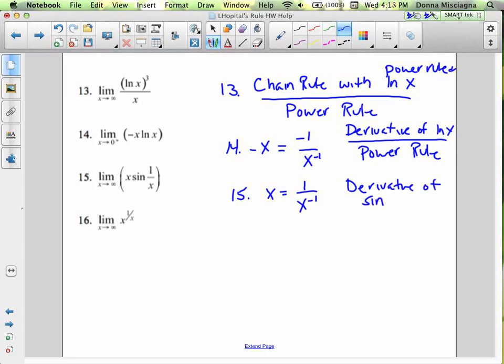That is, though, with the chain rule, because the derivative of 1 over x is not 1, right? So you'll need to rewrite that x. When you're taking the derivative of sine 1 over x, you're taking the derivative of the x to the negative 1. So 1 over x is x to the negative 1 is what I meant to write.